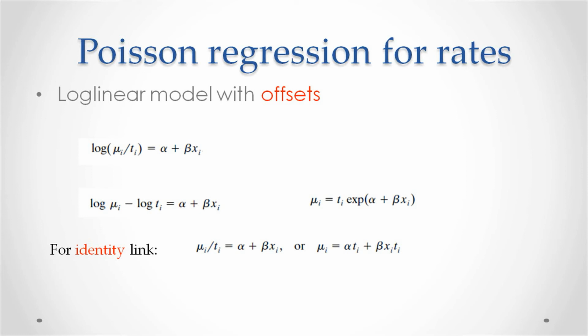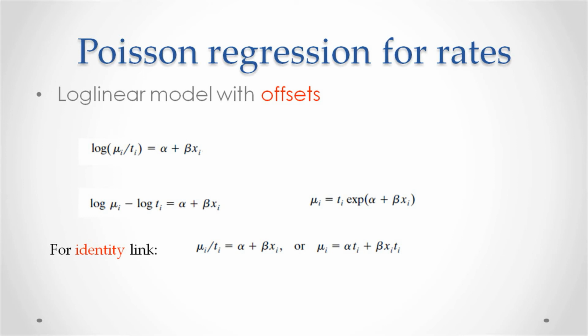So say, for example, that the measure of size is given by a variable ti. Then, instead of saying log of mu i equal to alpha plus beta xi for the log linear model, we now say log of mu i by ti is equal to alpha plus beta xi.